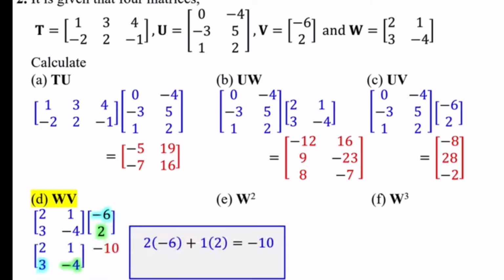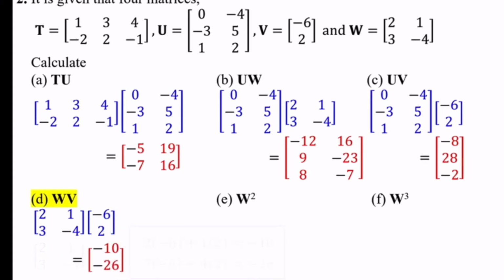Alright, and then followed by the next one, 3 times negative 6 plus negative 4 times 2. So we will get the answer for the matrix W times V. Okay, so that is how we multiply the matrix. So now we are going to do W square and W cube, right?